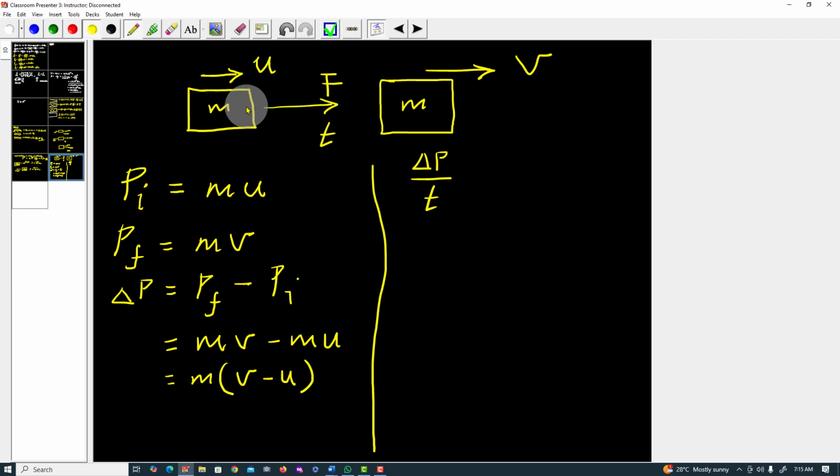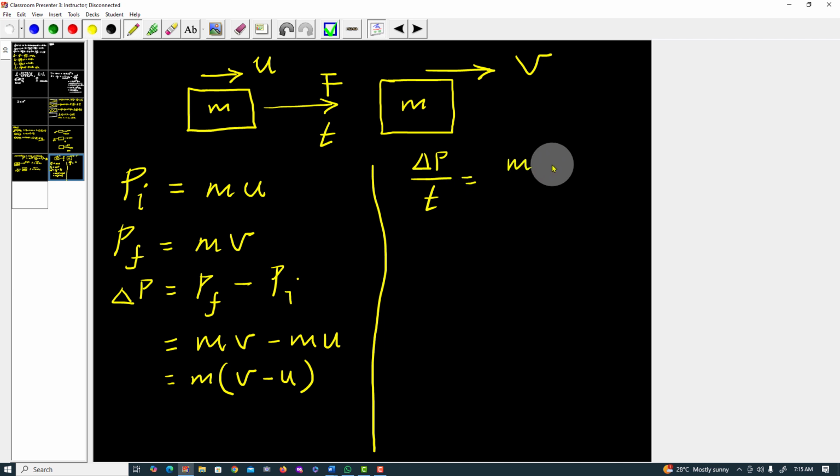Remember, it had an initial momentum mu. Now, after time t, it has a final momentum mv. We can get the change in momentum per unit time. And this one will be equal to the change in momentum.